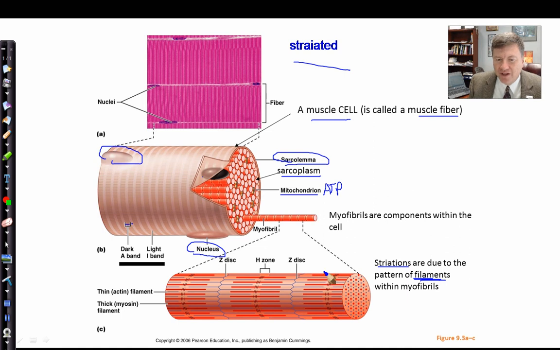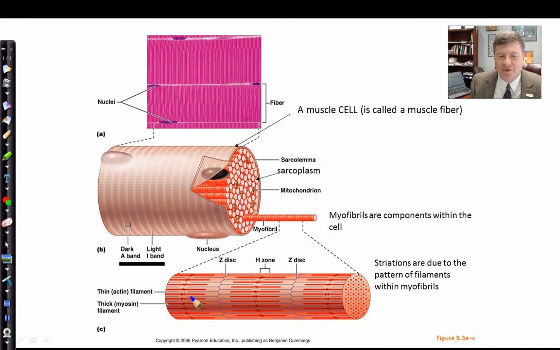But notice, if I were to look right here, I got orange lines and blue lines, and all of this together is going to look kind of dark because it's very dense. Where it looks kind of light, I'm going to have the appearance of a light band. Where I got all of this stuff again, where I've got orange and blue together, this is going to appear dark, this is going to appear light, this is going to appear dark, this is going to appear light, this is going to appear dark, and that's why muscle fiber is striated.